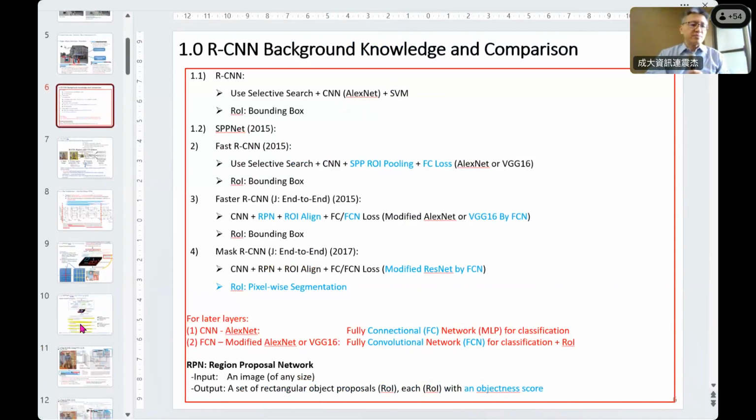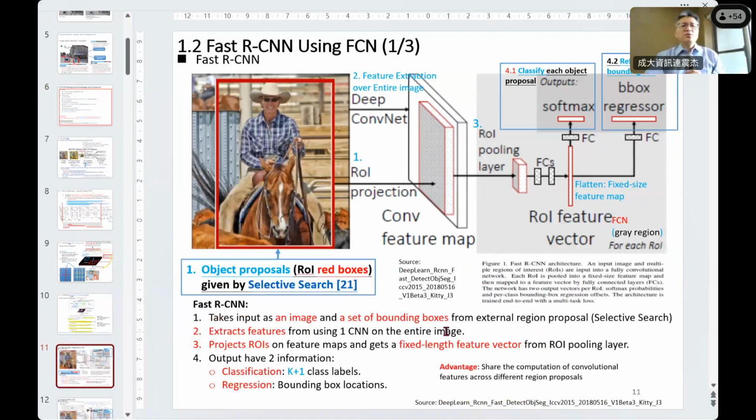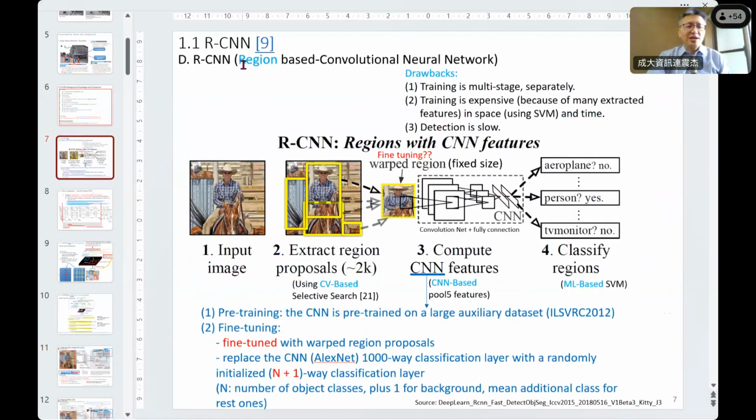Okay. So after we have SPP, people start from here, from R-CNN, the 3 individual parts become one here.